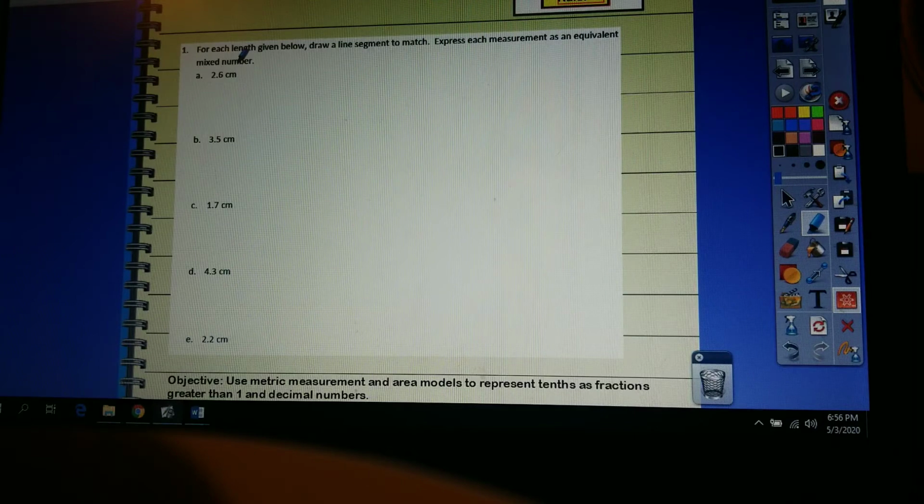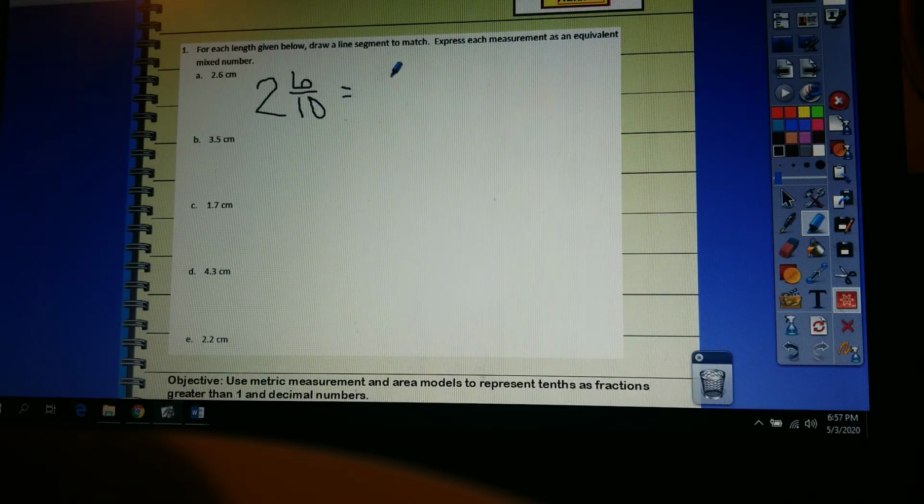Remember, your mixed number is a whole number and a fraction because here they have 2.6 centimeters. So we would have 2 wholes, and that would be 6/10 centimeters because it's in our tenths spot. So 2 and 6/10. Yes, that's equivalent.